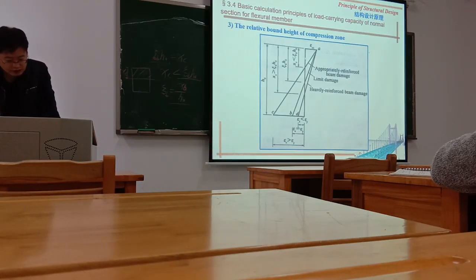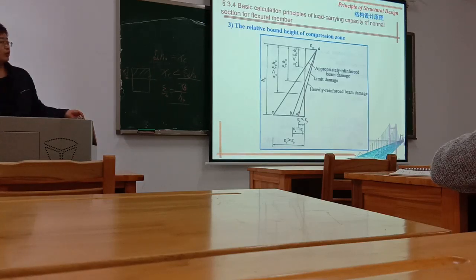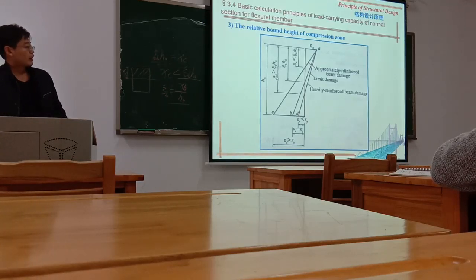So that's the main thing. We should remember that when we design, we make sure our reinforcement ratio is smaller than the rho max, which means xc is smaller than Kc B h0.